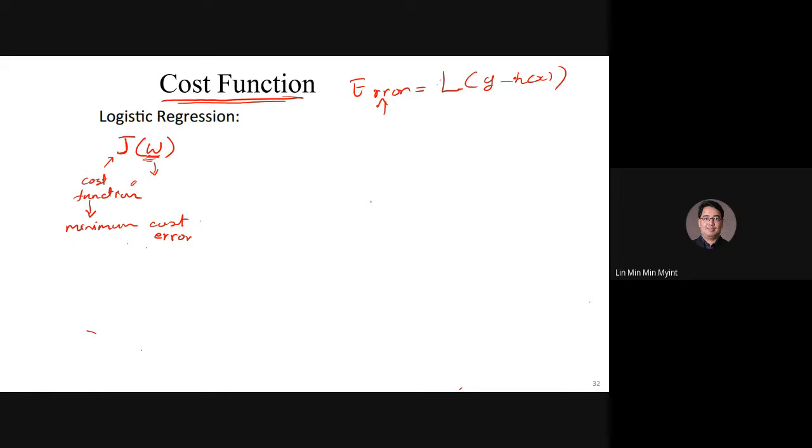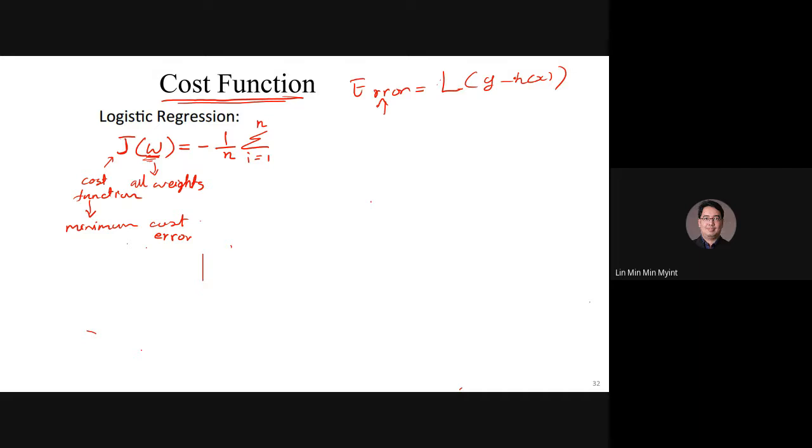This weight is all the weights. For logistic regression, it will be equal to 1 by n, summation of i equals 1 to n.